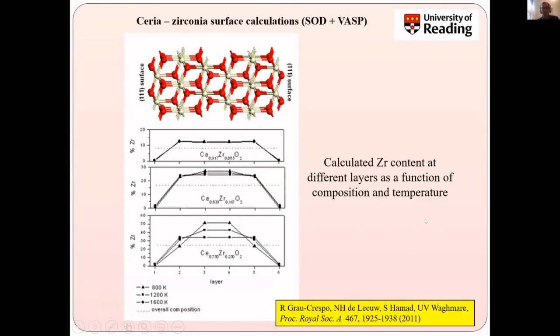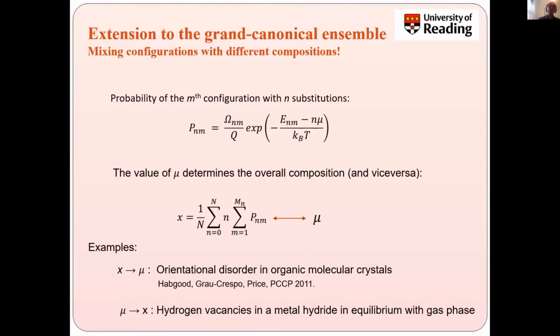This has, of course, implications for the catalytic behavior of these materials that we discussed in the paper cited below. I want now to show you an extension of this idea, to use grand canonical ensembles instead of canonical ones.